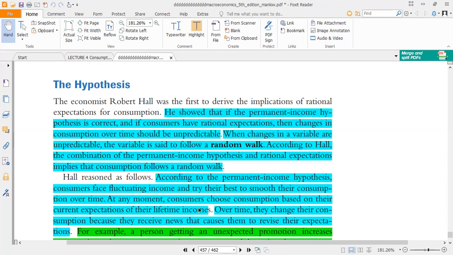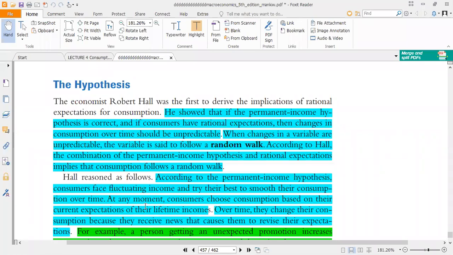So this individual whose consumption is based on his permanent income will try to choose a stable consumption over his entire lifetime. But with time, there are periods in the person's life where his consumption might change, because he might receive news or there might be some event that will cause the individual to revise his expectation. Your consumption is based on the expectations that you have about your lifetime income.